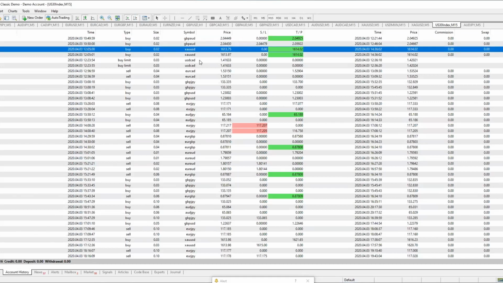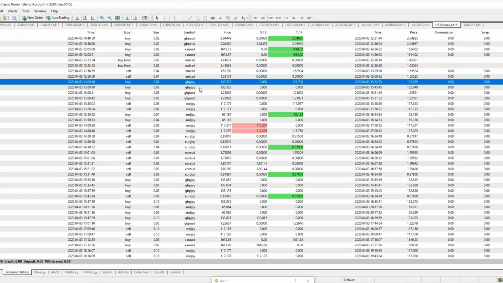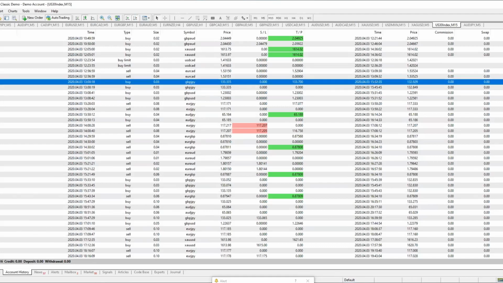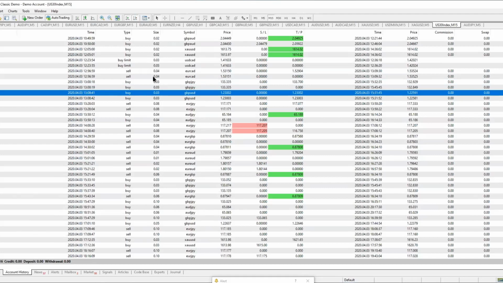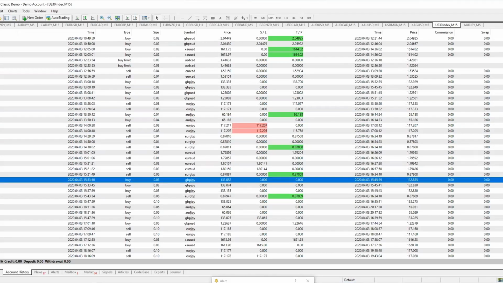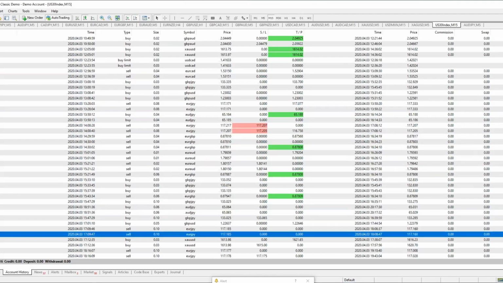Gold, USD CAD, Euro CAD, GBP JPY, GBP, and I just keep going. Whichever one sets up, I trade it. And then it all went to shit. There are some mistakes here, I'm not going to lie. I got overzealous, and then I got my act back together, and we kept going. And then I finished with 3%.